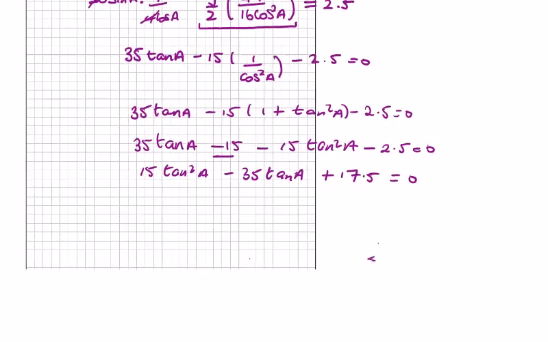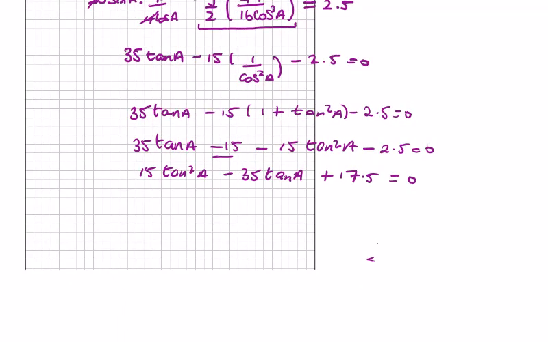You could use the minus b formula at this point, or divide by 5 to get 3 tan squared α minus 7 tan α plus 3.5 is equal to 0.